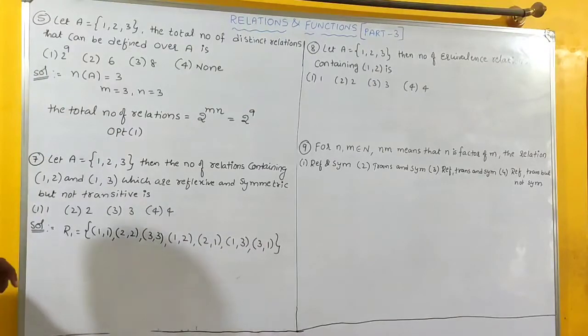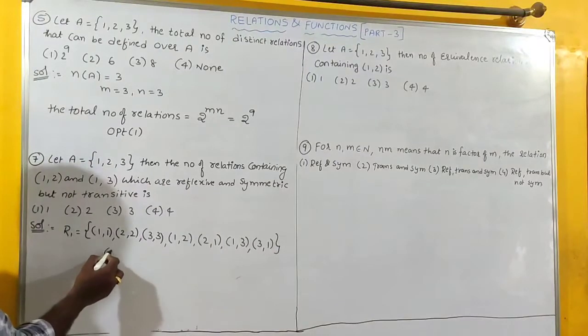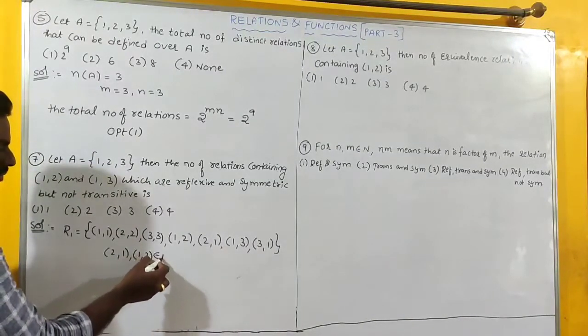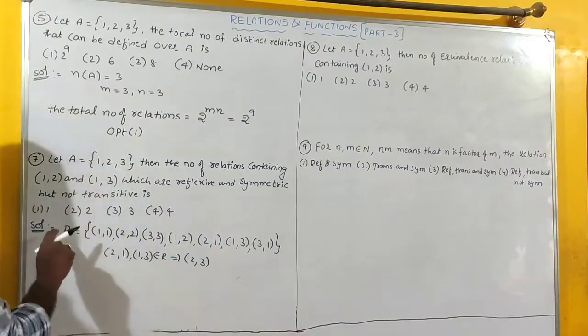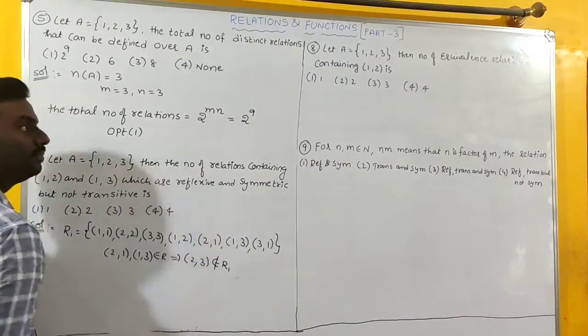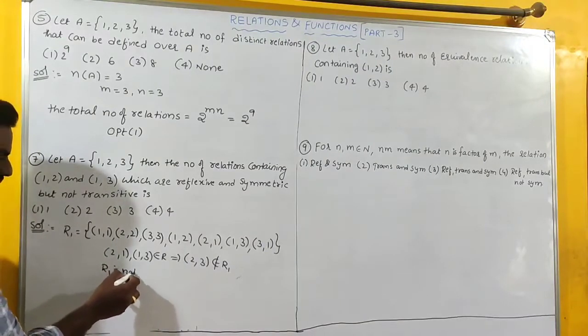No. Why? Because if you take these two pairs, (2,1) and (1,3), the resultant pair is what? (2,3). But (2,3) is not there in this relation. Therefore R1 is not transitive.